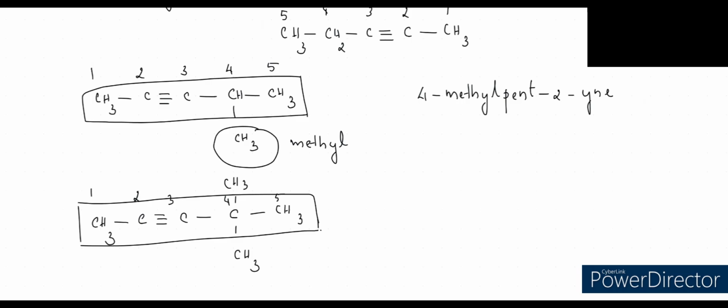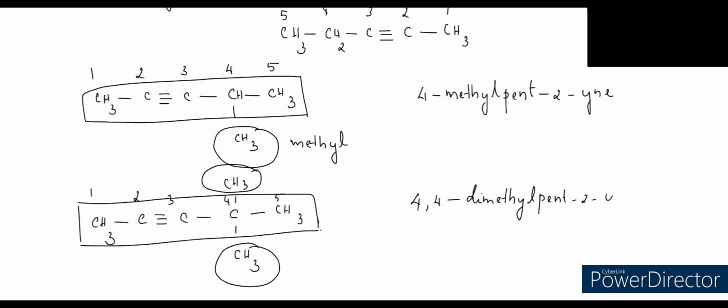So I have 2 methyl groups, both present on the fourth carbon. So 4, comma 4. It is compulsory to write this 4 two times. 4,4-dimethyl, then the parent pent-2-yne.